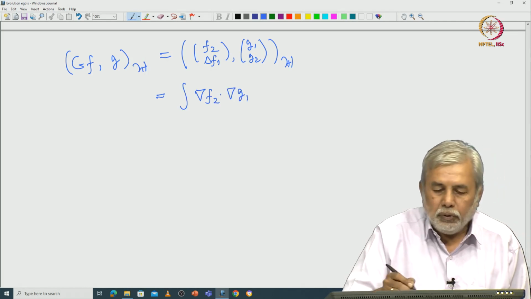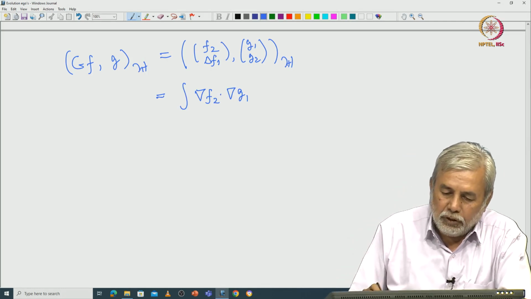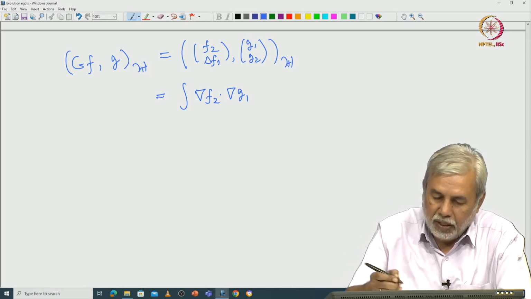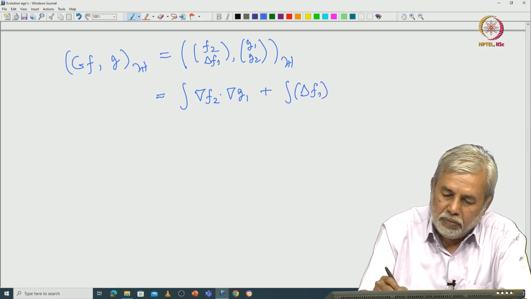So, again you may put the complex conjugate there, but I am not doing that, plus this is Laplacian f1 g2.